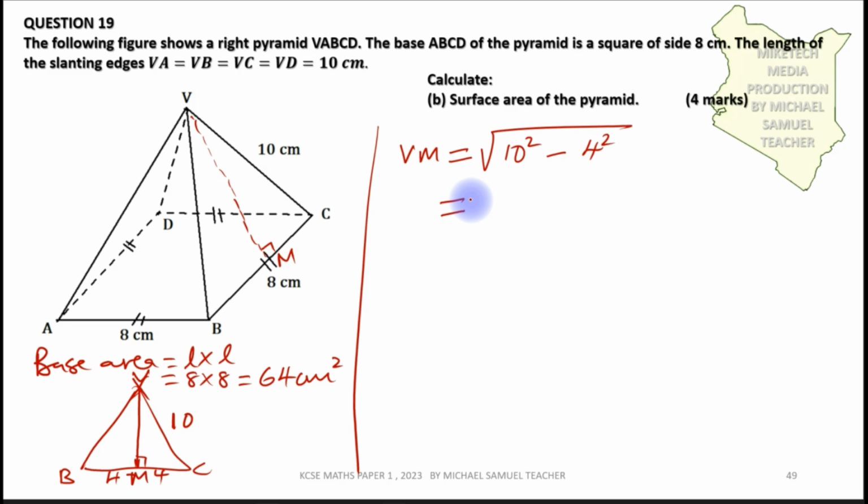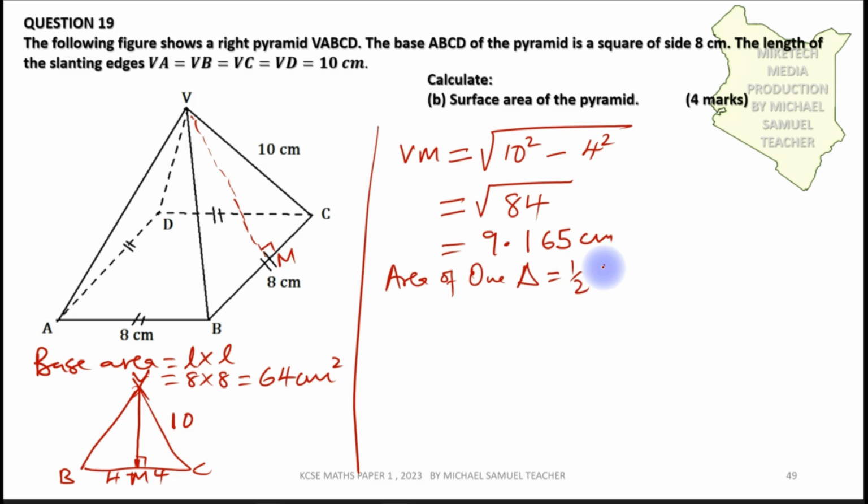We shall end up getting 100 minus 16, that is 84. So the square root of 84 is 9.165 centimeters, and therefore the area of one triangle will be a half base times height.